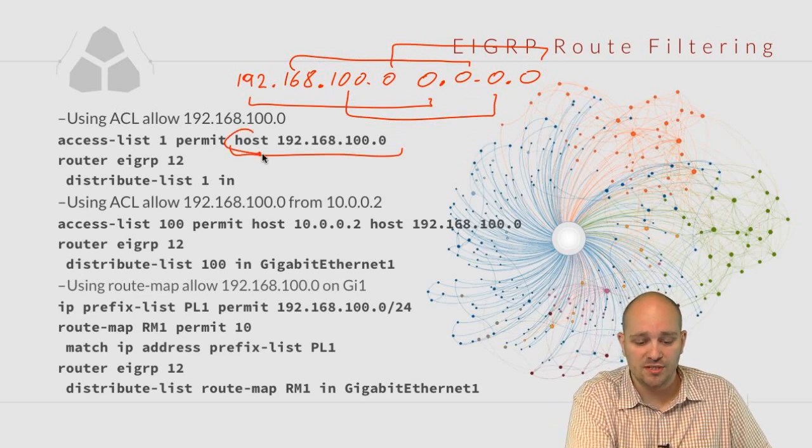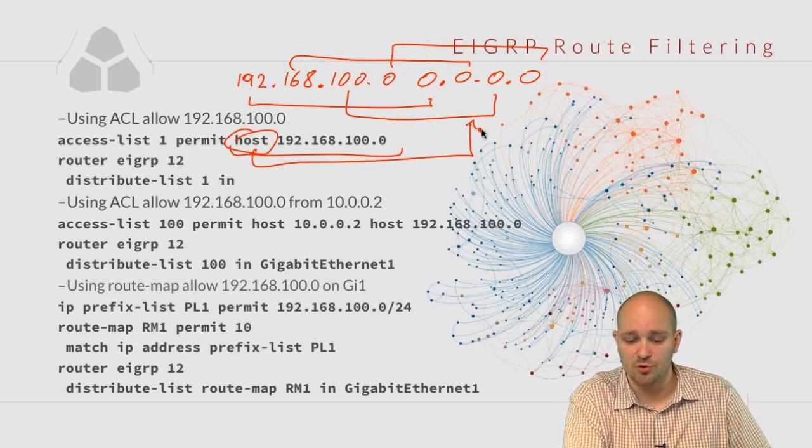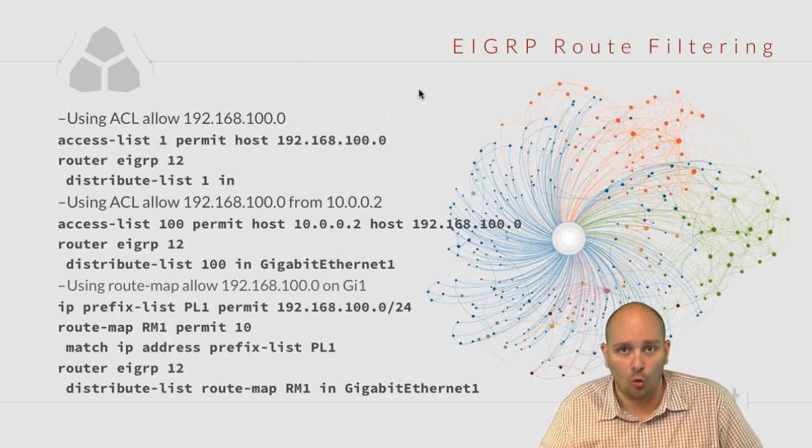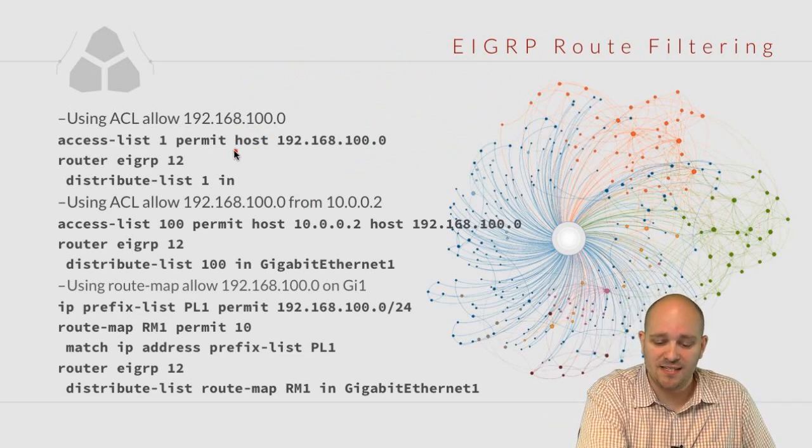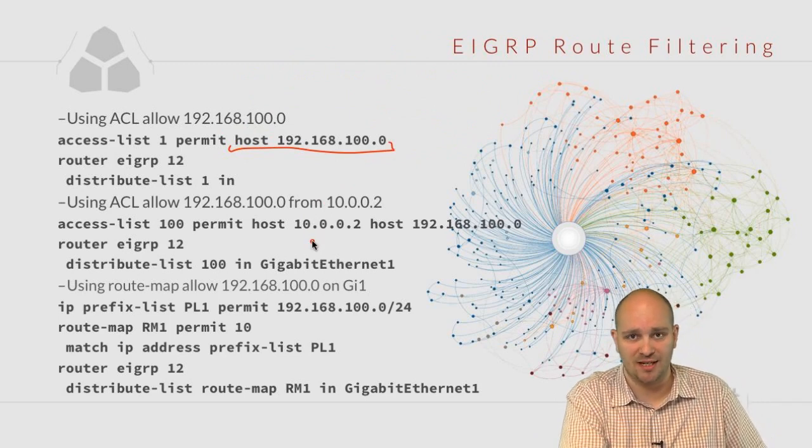So this host keyword basically means that I'm using the wildcard mask of all zeros. So with this configuration here, I'm saying that this route needs to match exactly.